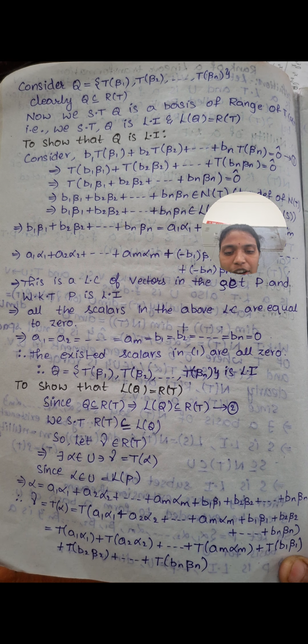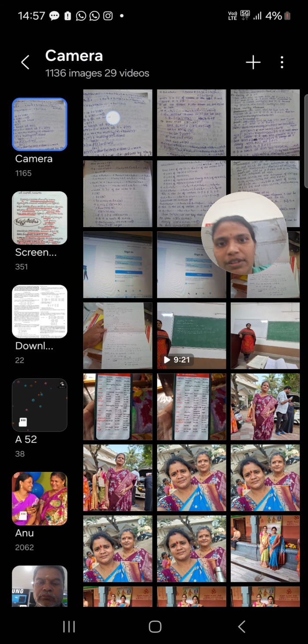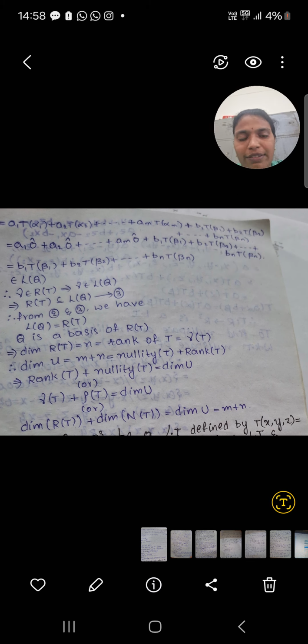Applying T to individual terms, here also we use the linear transformation definition: a1 T alpha 1 plus a2 T alpha 2 plus and so on, am T alpha m, plus b1 T beta 1 plus b2 T beta 2 plus and so on, bn T beta n.